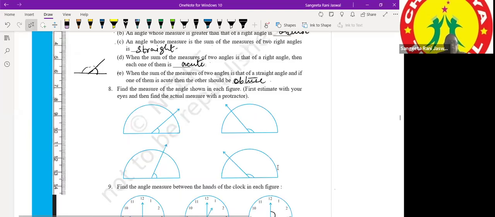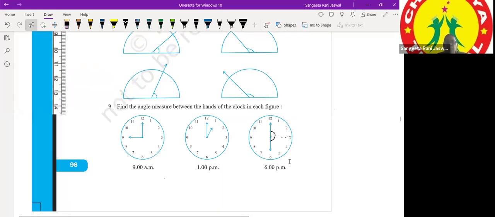Okay, let's do this. Find the measure of the angle shown in this. Since you all don't have the same book, we will not do this, but I'll give you. Now see, in your notebooks, please make, using your protractor, an angle of 42 degrees. Do it now in your notebooks.